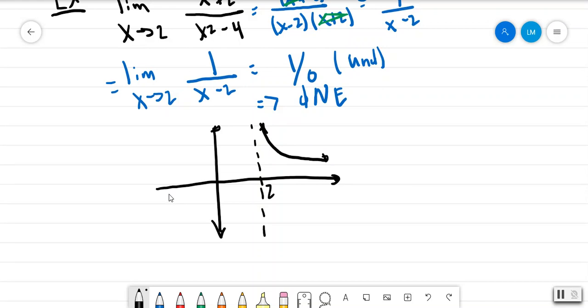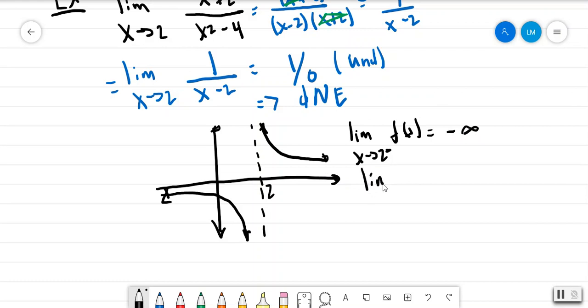Okay, so in this case, we have something that looks like this. If you look at it, you would see that the limit as x approaches 2 for f of x from the left side tends to negative infinity. But the limit as x approaches 2 from the right side for f of x goes to positive infinity.